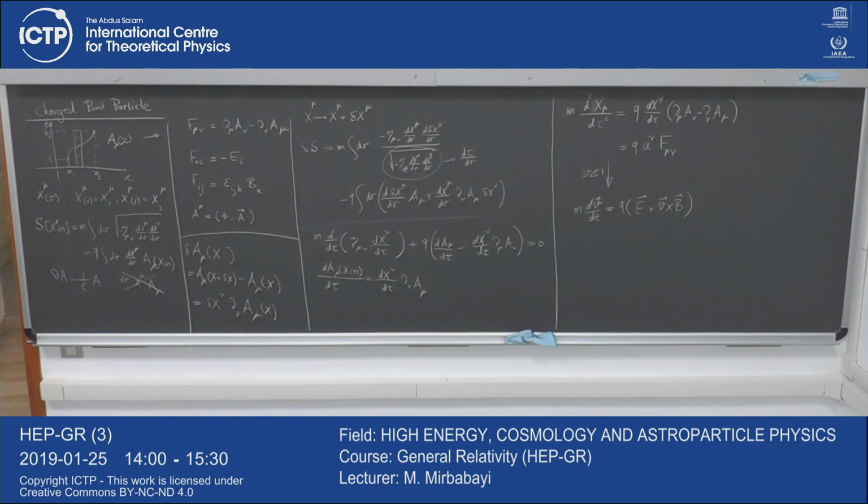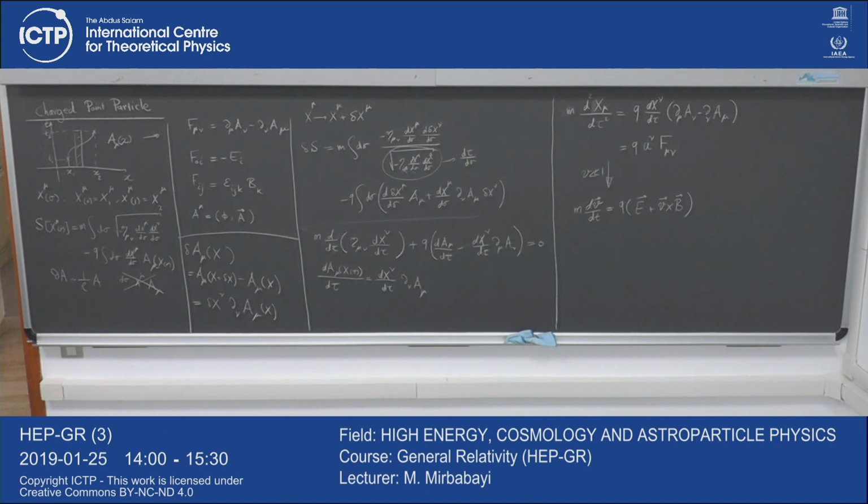You could ask what the other possibilities for the action are. So you could try to come up with other alternatives. For instance, in the case of a free particle, you could just take the length, square it, and define the action as the square of the Lorentzian length.